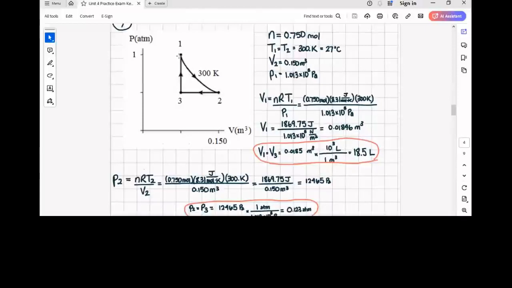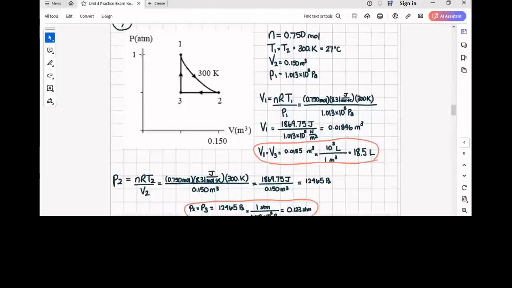I don't know the volume at state 1, but I do know the volume at state 2. And I know the pressure at state 1, but not the pressure at states 2 and 3. I can figure out the volume at state 1 just by using the ideal gas law. So solve this for V1, that leaves you with N times R times T1 over the pressure at state 1.